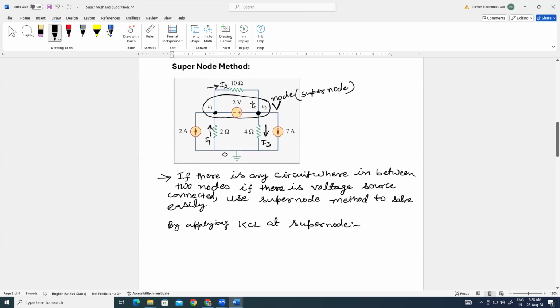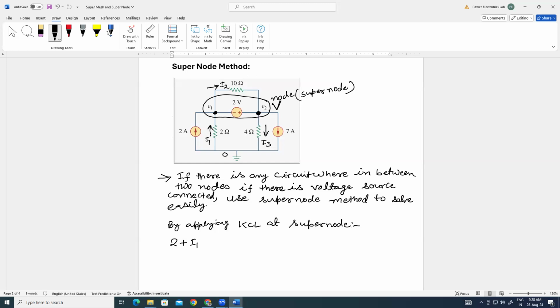how many incoming currents are there on this super node? 2 plus I1, both are incoming currents, right?